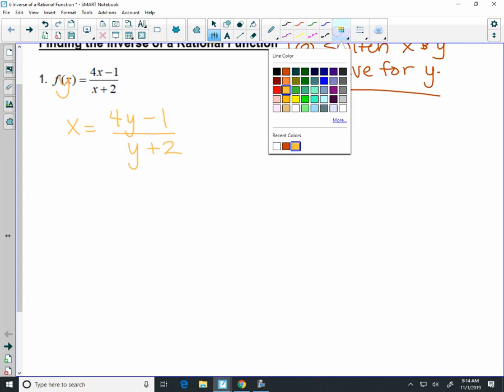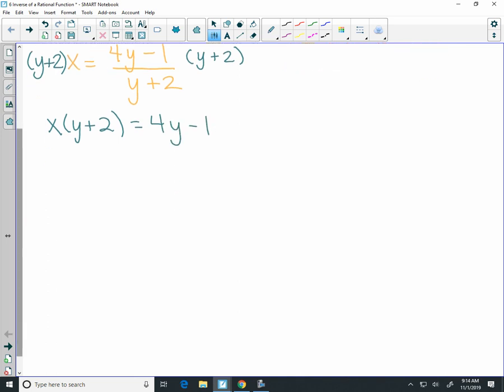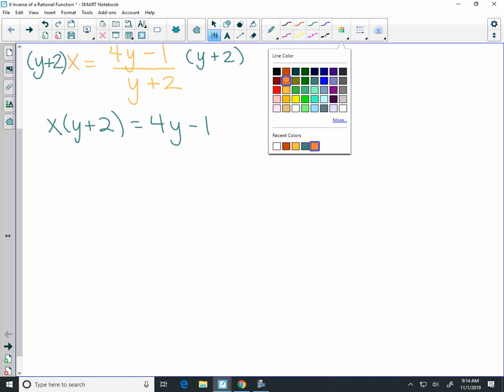Okay, so our first step after we switch x and y, and it's going to be the same for all of these, we're going to get rid of our denominator, clear the denominator by multiplying both sides by it. Okay? So multiply both sides by our denominator.